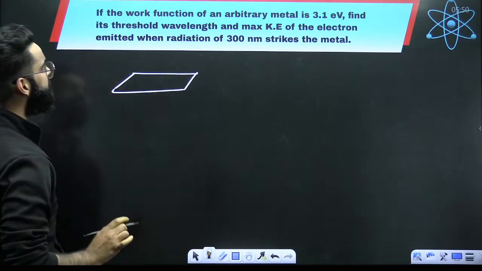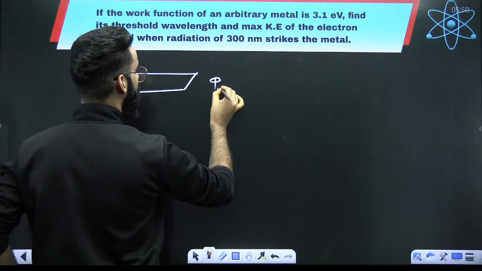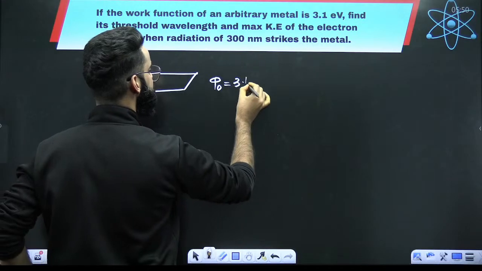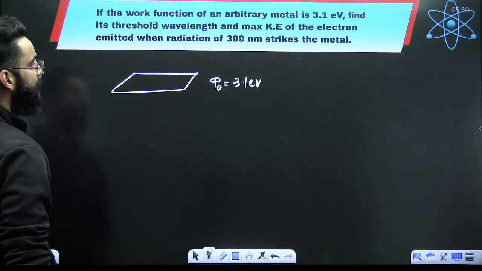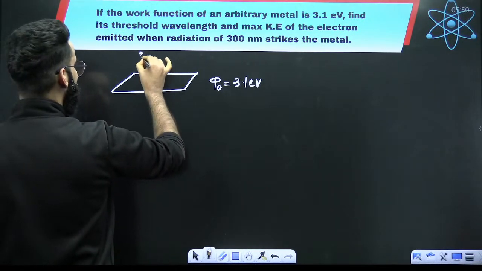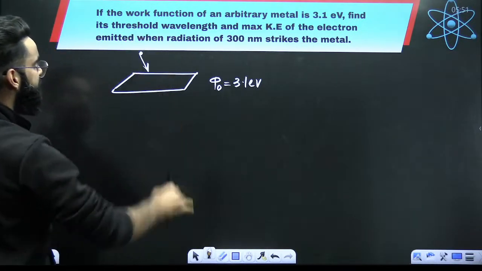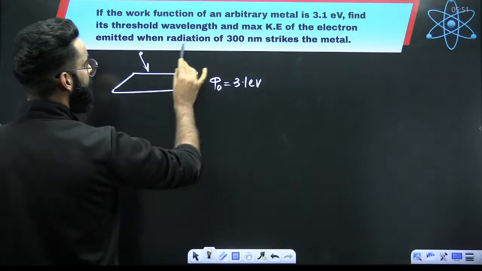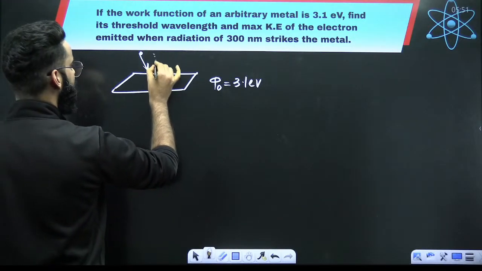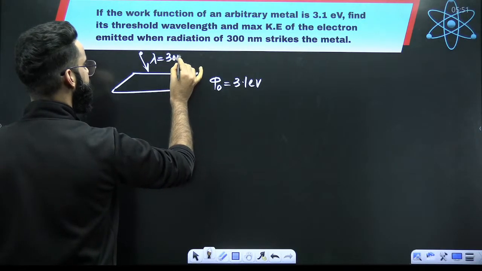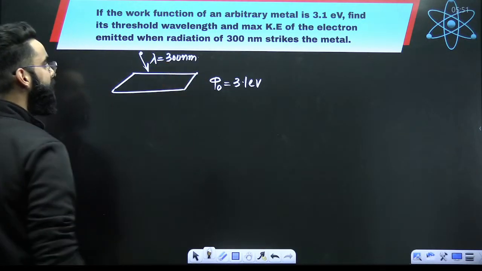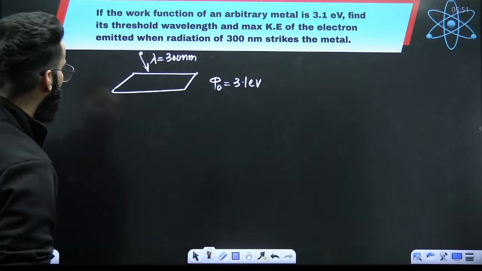This is the metal surface. Work function of this metal is 3.1 electron volts, right? Now you have got a light radiation which is incident on the surface. The wavelength of the light incident on the surface is 300 nanometer, right? Now what is happening?